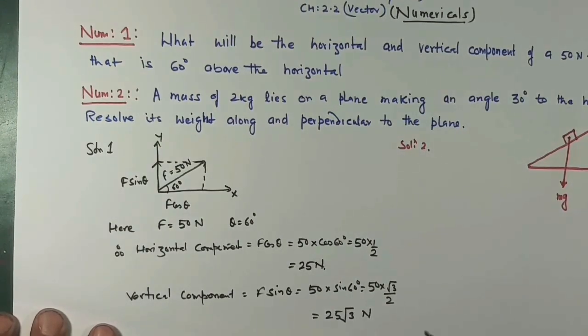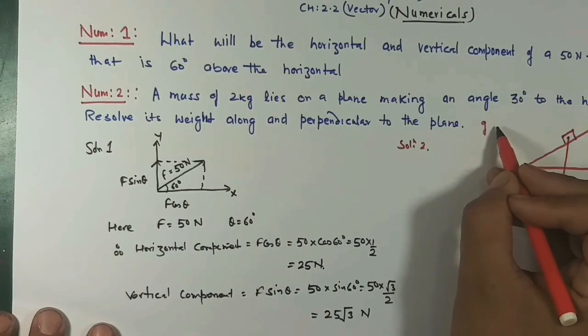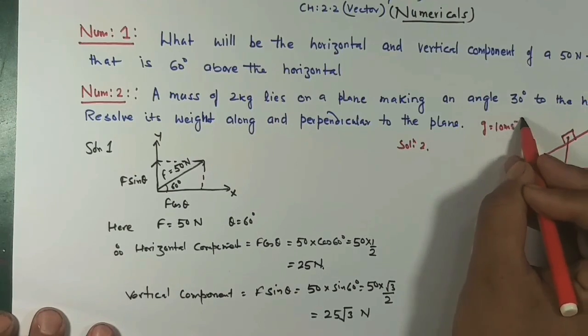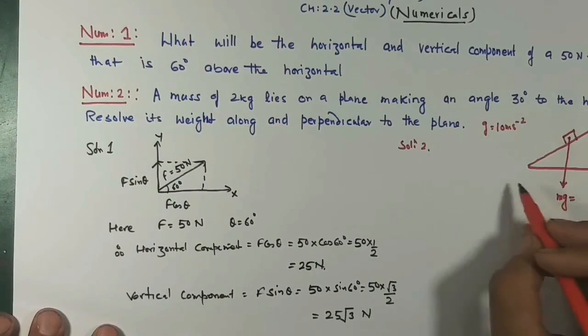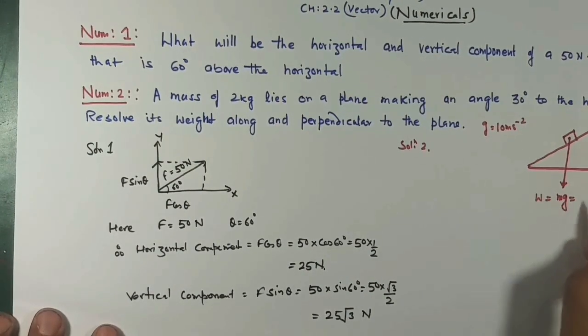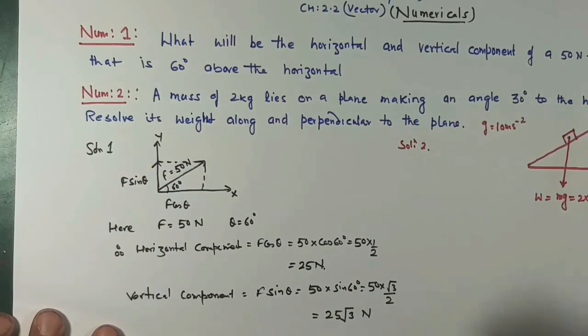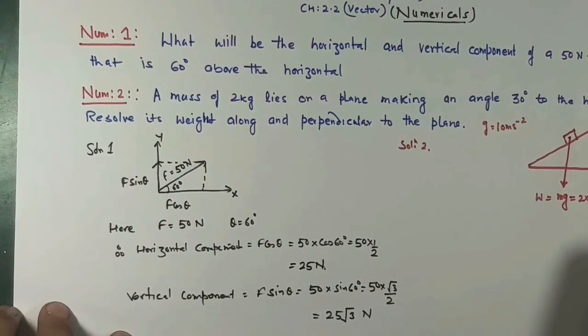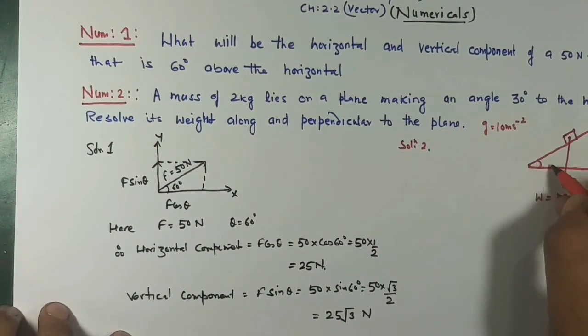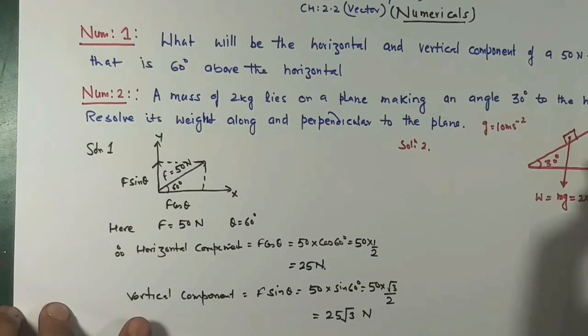Clear? And g, as we know, suppose it is equal to 10 meter per second square. Clear? So mass is 2, this is weight, mass 2 into 10 equal to 20. Clear? Now you have to resolve this weight into components, and this angle is 30 degree, right?